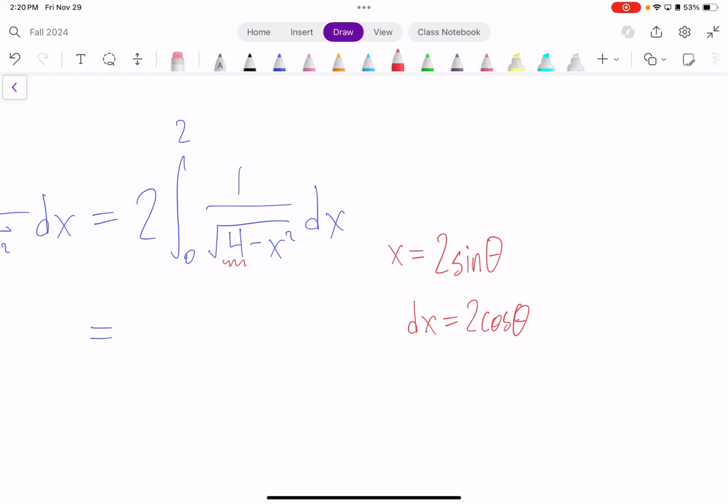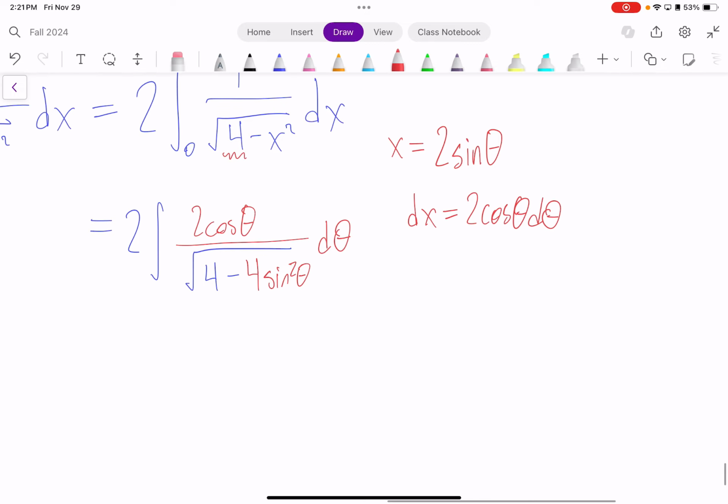Then dx will be equal to 2 cosine of theta d theta. We'll substitute this in. This is 2 times the integral, and we're going to have to change the bounds, of the root of 4 minus 4 sine squared of theta, with 2 cosine of theta d theta.